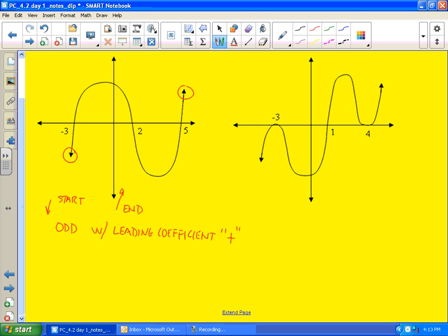So we know we've got that going on. Odd function, power 3, power 5, power 7, something, and leading coefficient that's positive. So we can determine that just by looking at the ends.